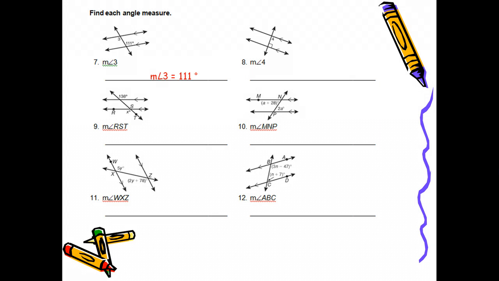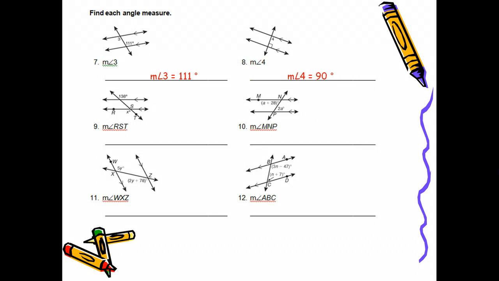Angle 3 is 111 degrees because it is an alternate interior angle. The measure of angle 4, because of the same side interior angle theorem, is 90 degrees.